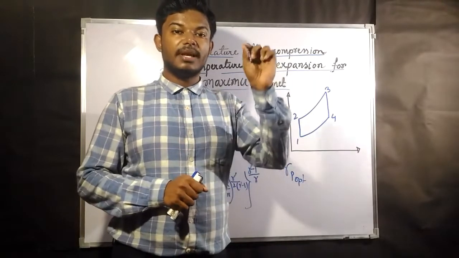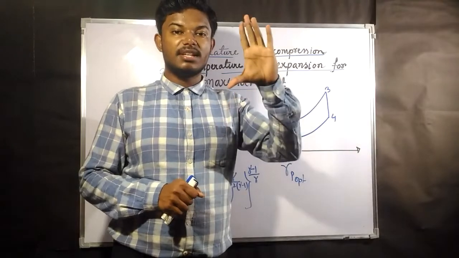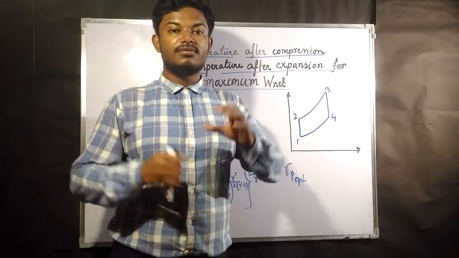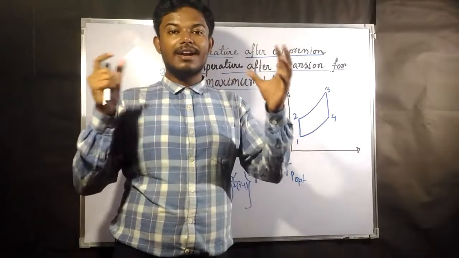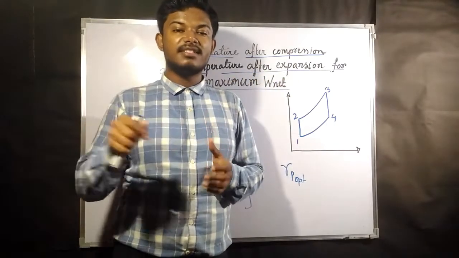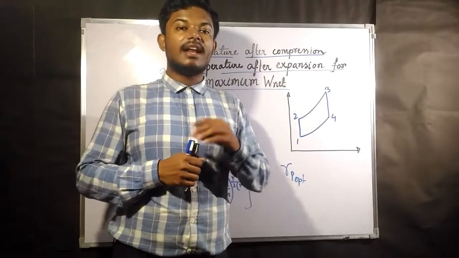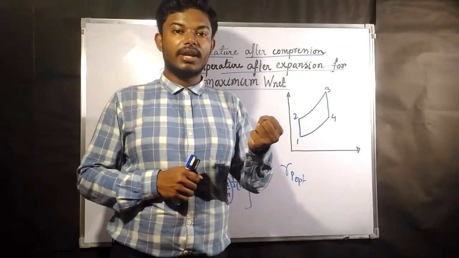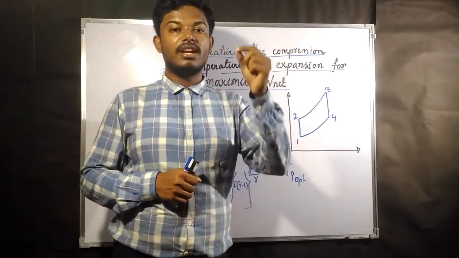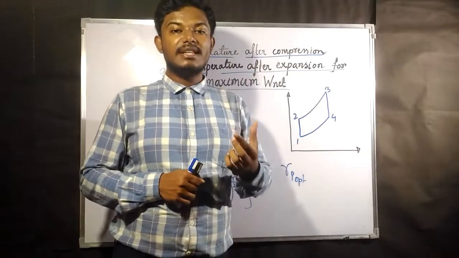We all know that the maximum temperature and minimum temperature are fixed before the design only, because the parts with which the components in the system are made are going to resist only some amount of temperature. Keeping that in mind, we are already fixing T min and T max.